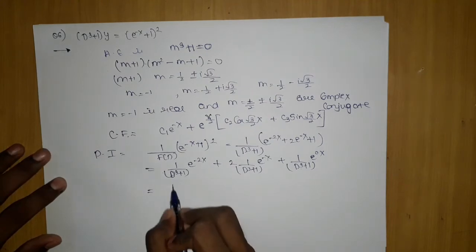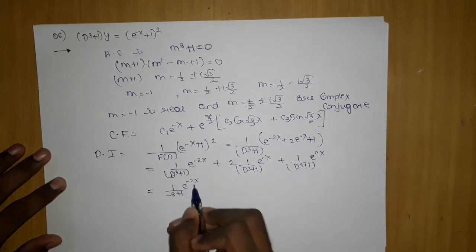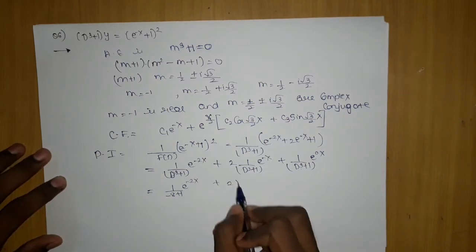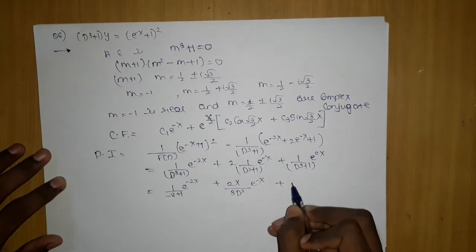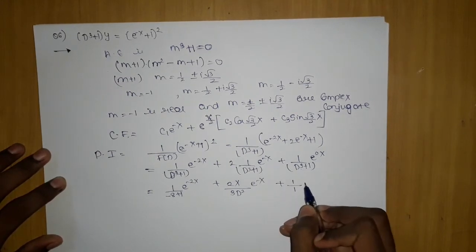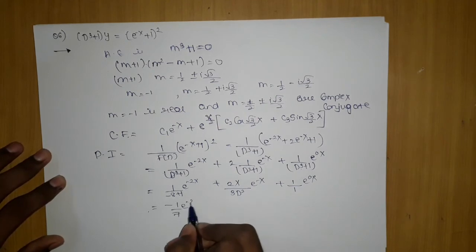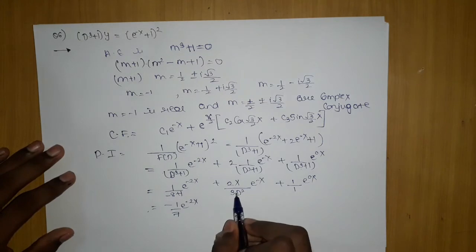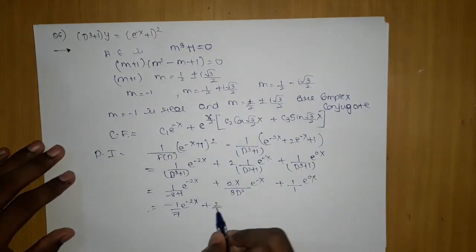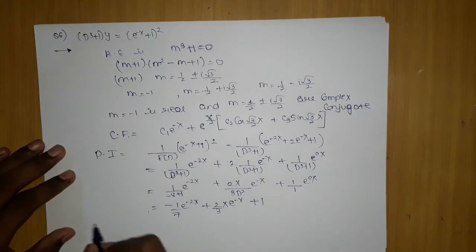So here we get 1 upon minus 8 plus 1 into e to the power minus 2x, so minus 1 by 7 e to the power minus 2x. Here we differentiate, it becomes 3D square, and substituting minus 1 gives 1 only, so plus 2 by 3 x e to the power minus x, and finally 1. So this is our particular integral.